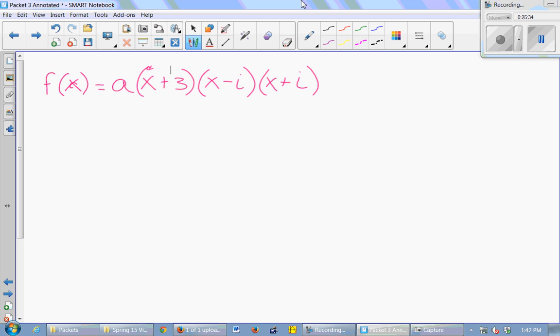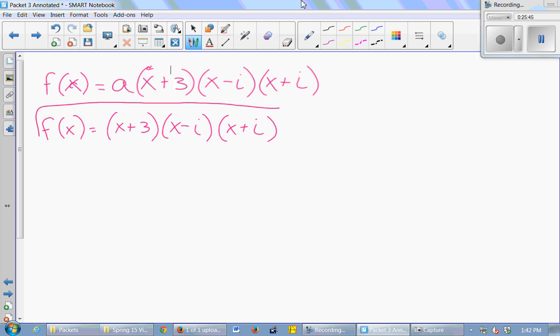Okay, so now I can replace the a with a 1. So f of x is just x plus 3, x minus i, x plus i. So that is my function in completely factored form.